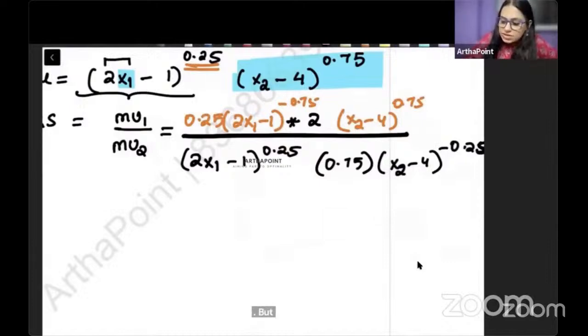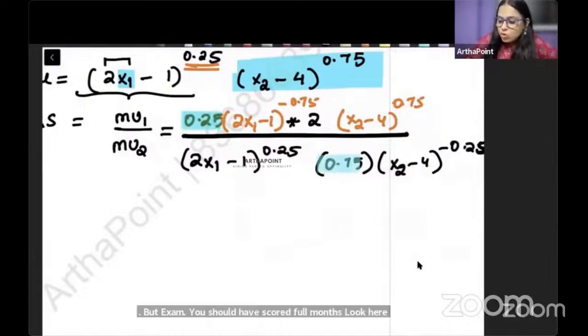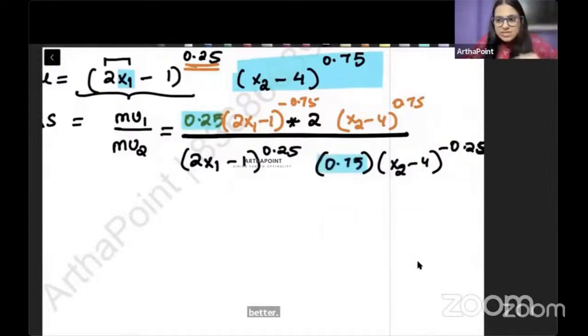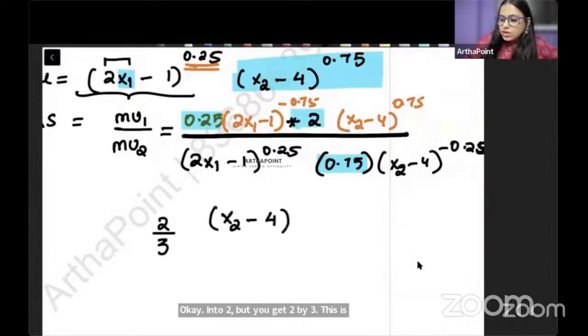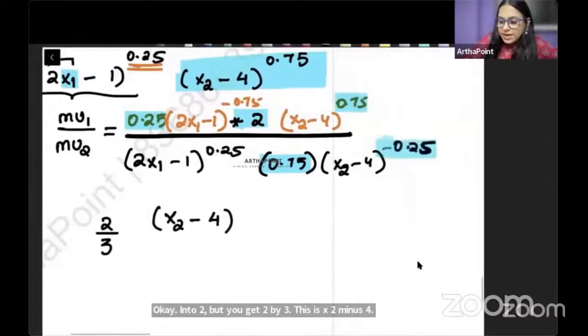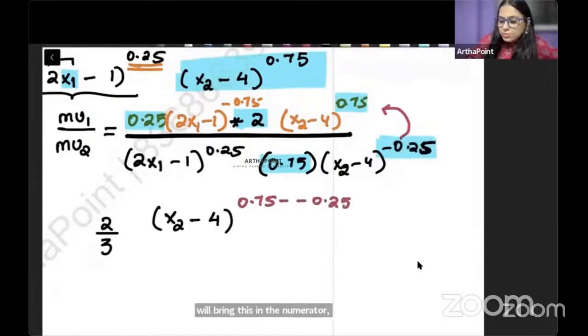Look here, beta. 0.25 and 0.75 means 25 by 75, which is 1 by 3, into 2, so this becomes 2 by 3. This is x2 minus 4. Here the power is 0.75 and here the power is minus 0.25. When I bring this to the numerator, it becomes 0.75. We always subtract the power of the numerator. I am going very slow.